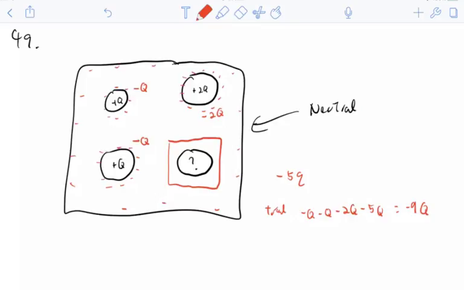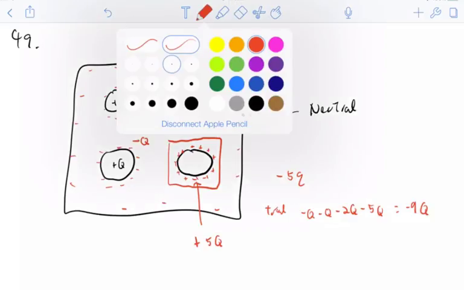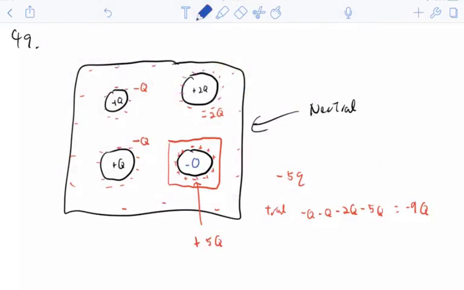So for conservation of charge's sake, all of their spouses must be lined up here. So that must have plus 5Q worth of charge on the outside of it, which means inside of it, it must have minus 5Q worth of charge.